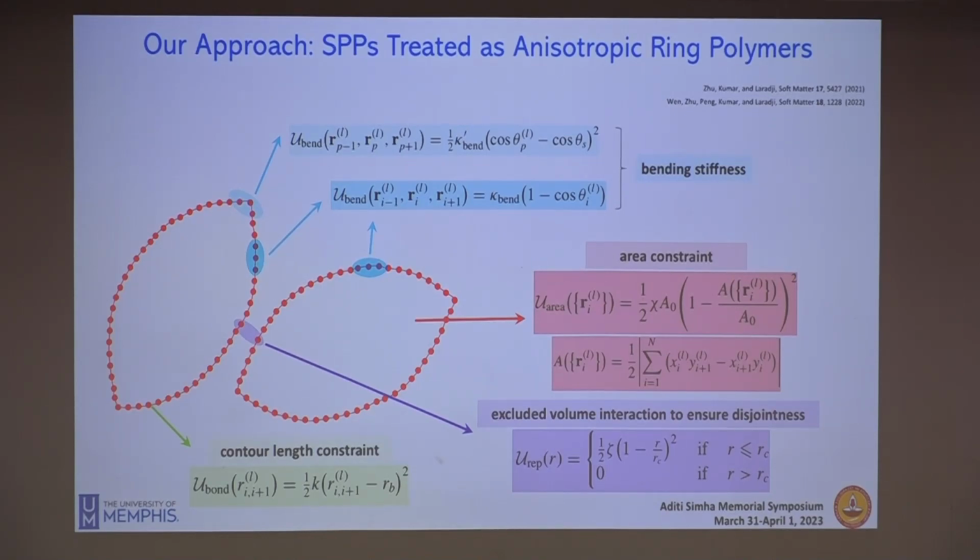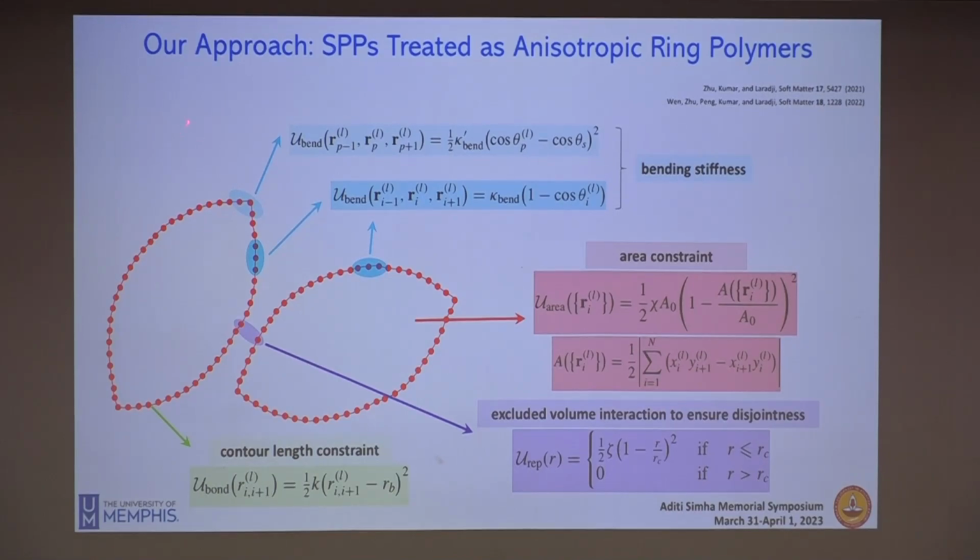The approach that we have used is a very simple approach in which a particle is modeled as essentially a ring polymer. So you have monomers that are connected to each other. The particles interact via two-body interactions. They are connected by harmonic bonds. You have three-body interactions to control the rigidity.